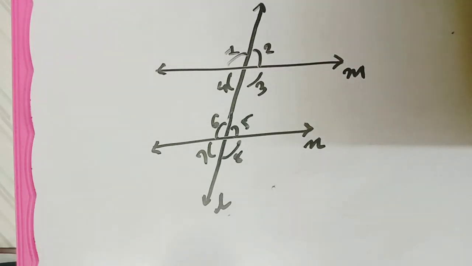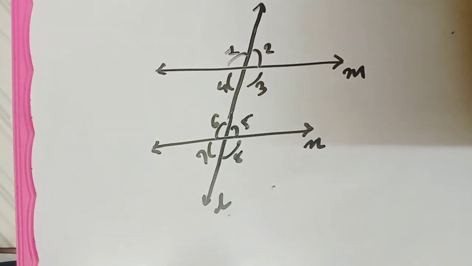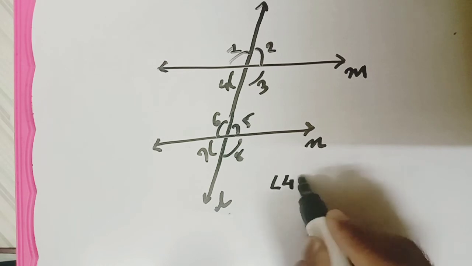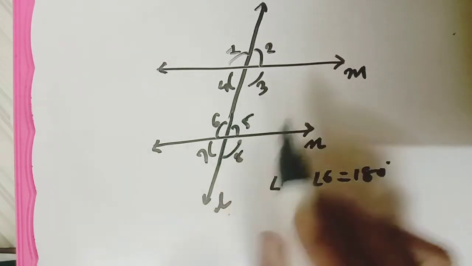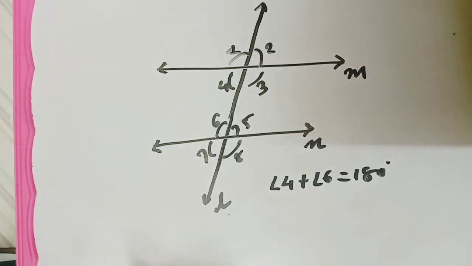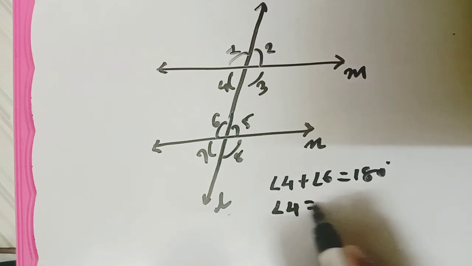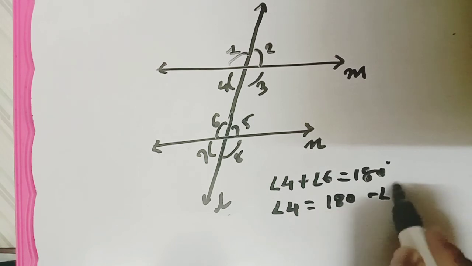Now we will see whether, if the angles are supplementary, the lines are parallel or not. So for that, let me write angle 4 plus angle 6 equals 180, as we have assumed that the interior angles are supplementary. And so angle 4 equals 180 minus angle 6.